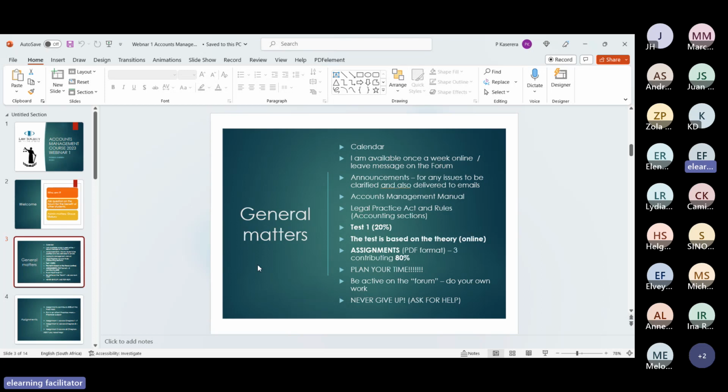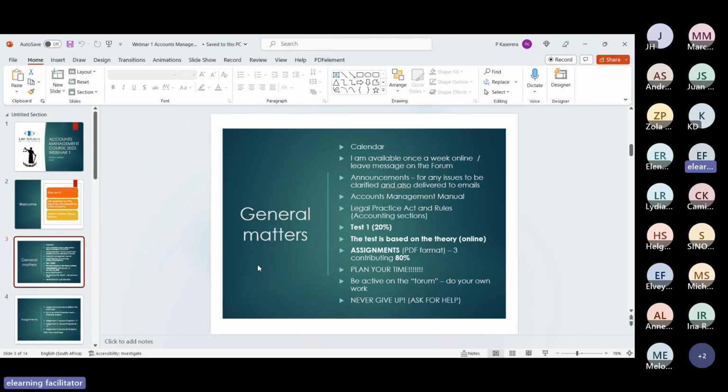Assignment 1 is opened for a shorter period because it's not very difficult. We've limited it to cash books, so it's an easy assignment. Assignment 2 is quite thorough and comprehensive because it introduces topics which cover your industry, like conveyancing, section 86.4 investment accounts, and also VAT.